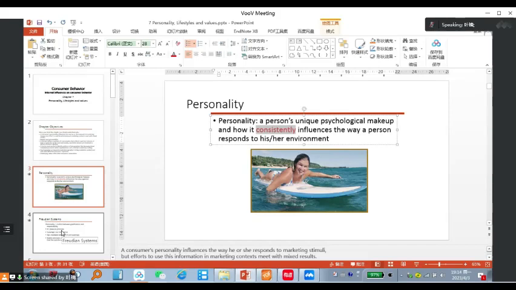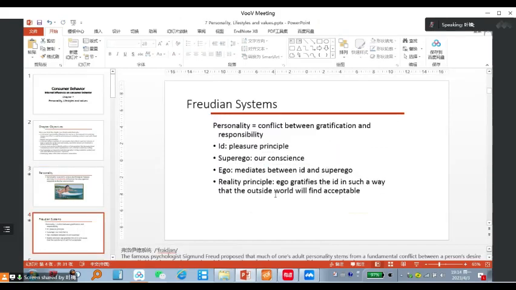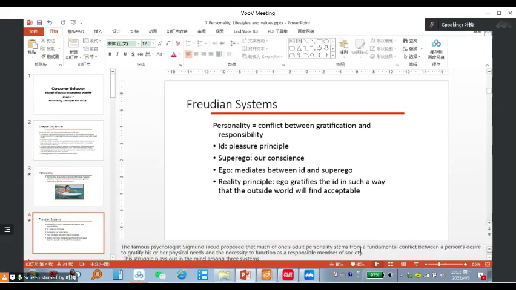And as to personality, we can draw upon theories from psychology. Freud is a very famous psychologist, who proposed that much of one's adult personality stems from a fundamental conflict between a person's desire to gratify his or her physical needs and the necessity to function as a responsible member of a society.